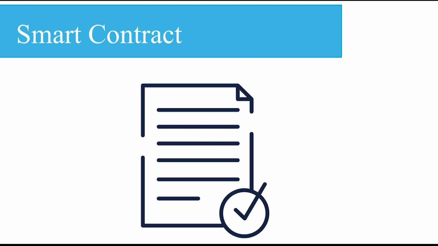To understand this better, we have to understand what a contract is. A contract is an agreement between two or more parties, where the parties involved have to fulfill certain legal obligations. For example, if two parties such as A and B are involved in a particular contract, then A has to do certain things and B has to do certain things so that the contract is successful.